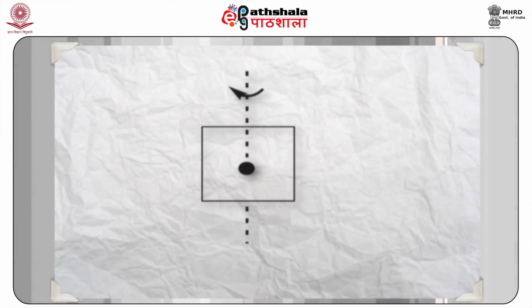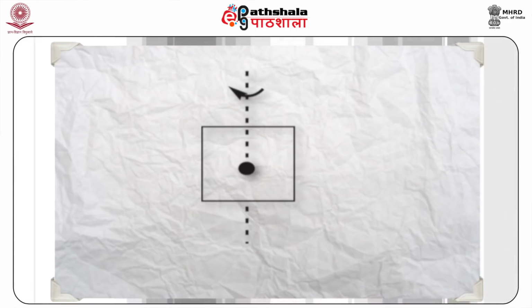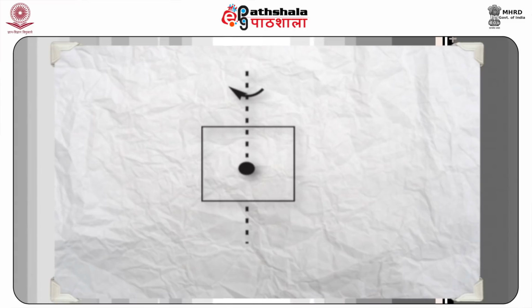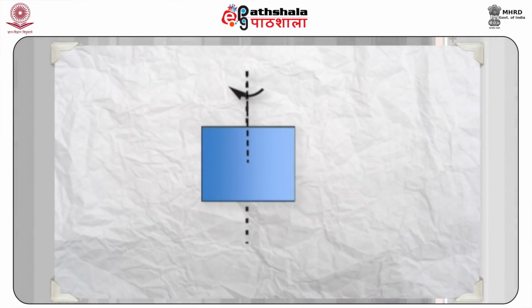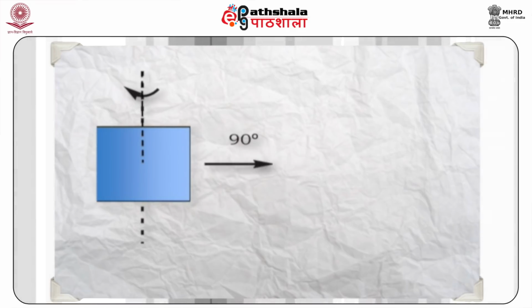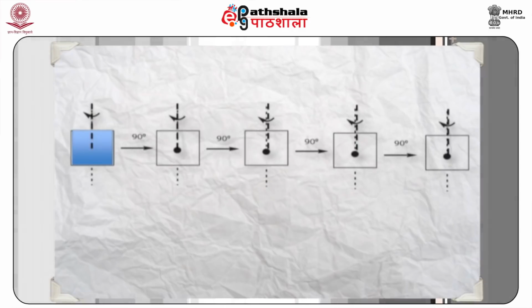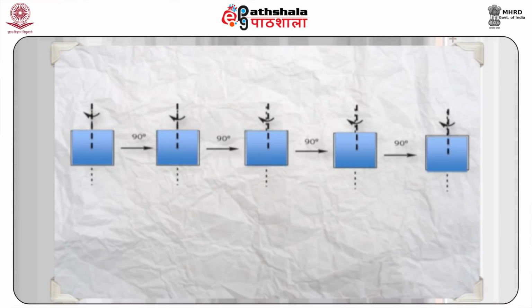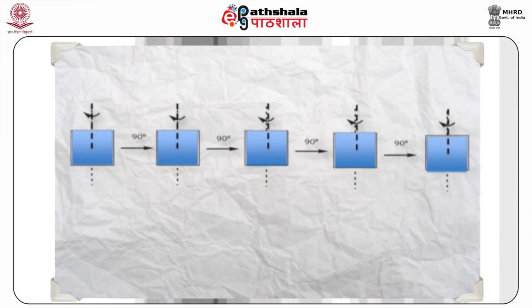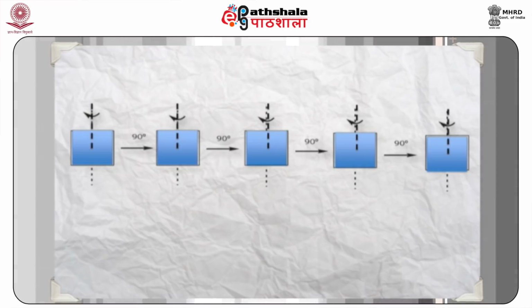Let us take an unlabeled square piece of card and rotate this by 90 degrees. As can be seen, we will get back the same figure. More successive rotations by 90 degrees each time give rise to 180, 270 and 360-degree rotations about the dotted line perpendicular to the plane of the paper.